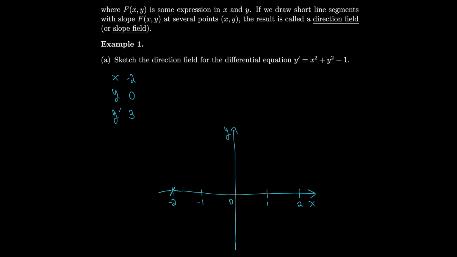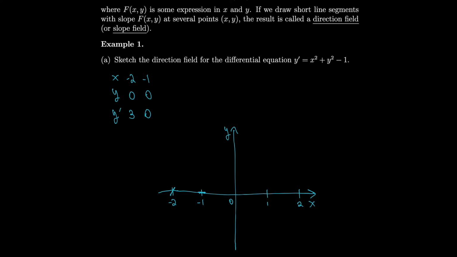And then I do my next point. I'll still go along y equals 0. I'll go to minus 1 now. Plugging in minus 1, I square that, plus 0, minus 1, so the slope is 0 there. So I should make a nice horizontal little line segment at minus 1.